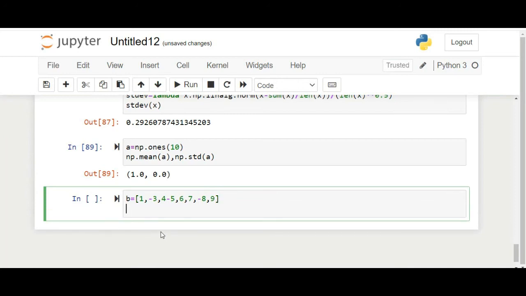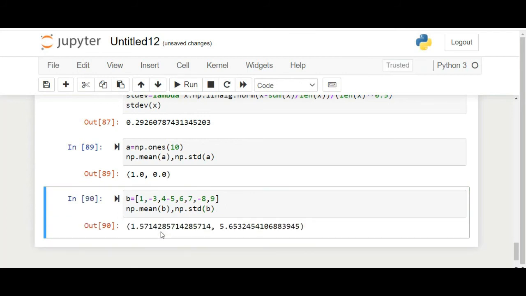This is the vector, and if we apply np.mean of b, comma, np.sd, standard deviation of b, Control and Enter, we will get this result. Okay, so our mean of this data is this, and this is the standard deviation of this data.